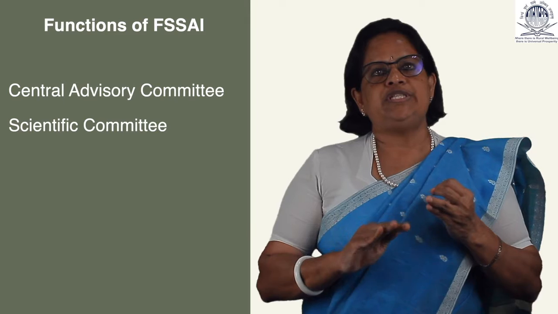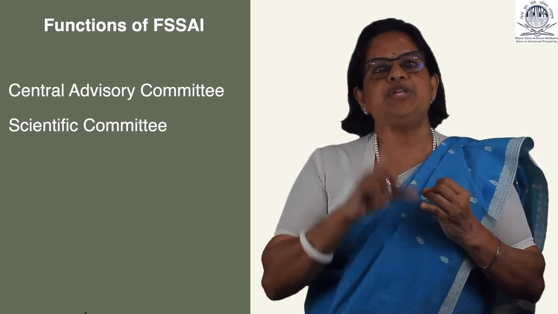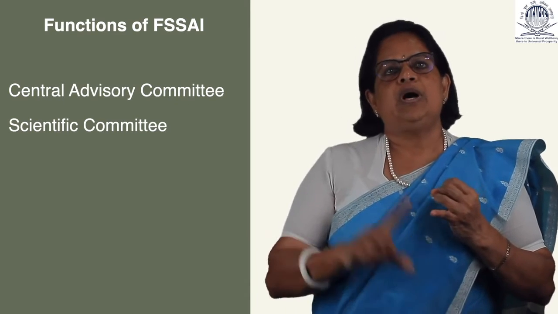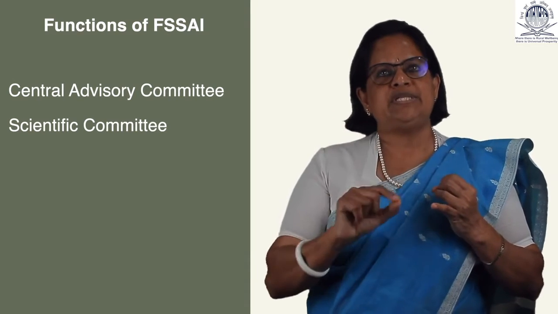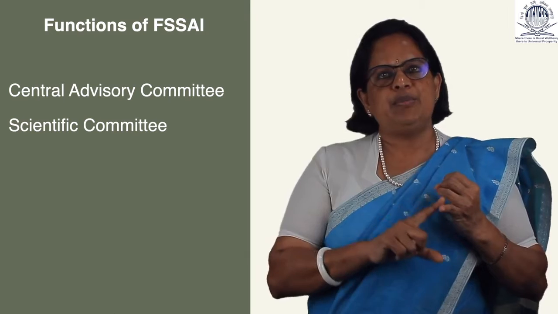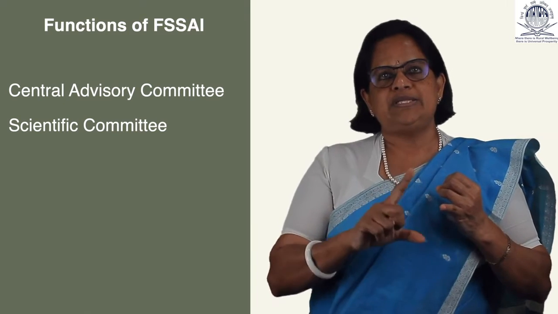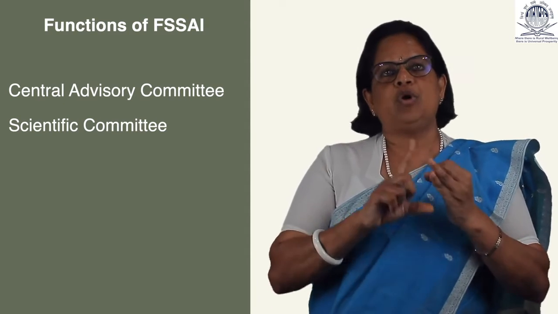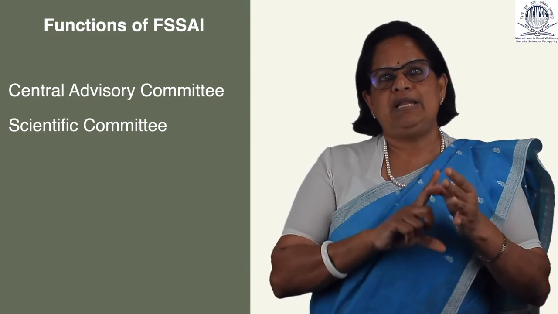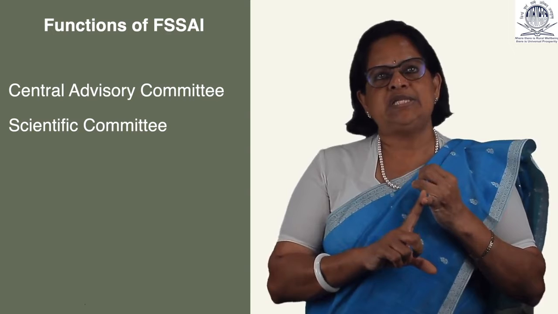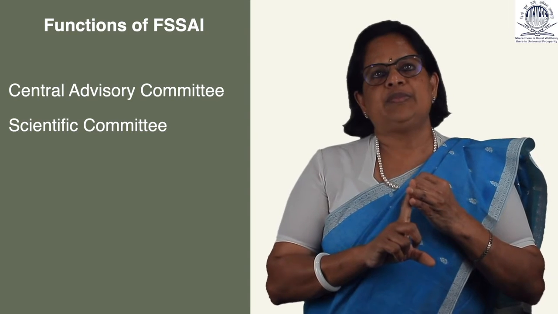The Food Authority consists of a chairman and 22 members, out of which 7 ex officio members represent the ministries or departments of central government, that is Agriculture, Commerce, Consumer Affairs, Food Processing, Health, Legislative Affairs, Small Scale Industries.